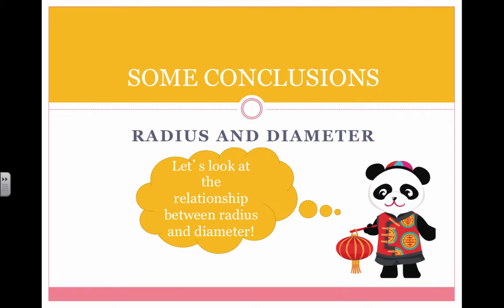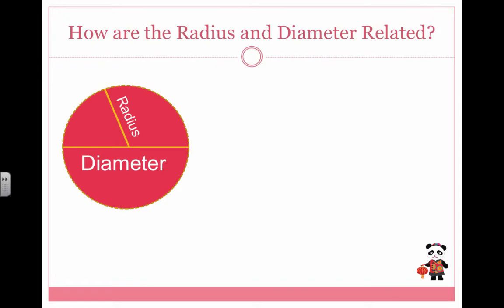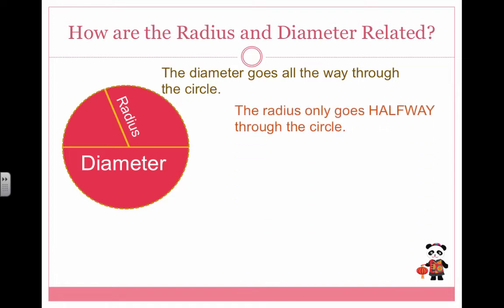Alright, radius and diameter. Let's look at the relationship between radius and diameter. How are the radius and diameter related? Well, the diameter goes all the way through the circle, and the radius only goes halfway through the circle. So what conclusions can you come to? The radius is half the length of the diameter.